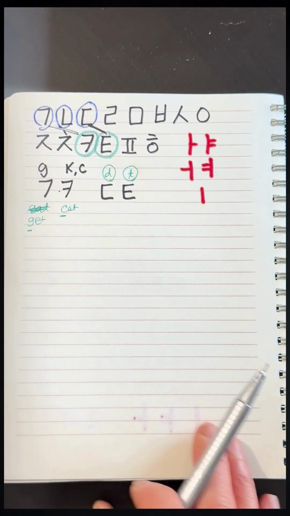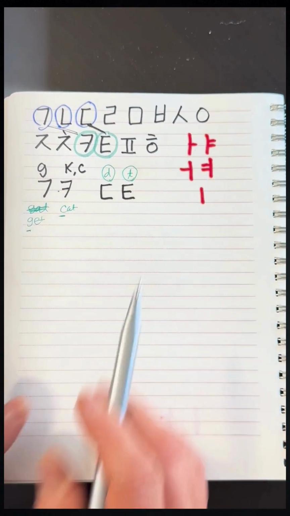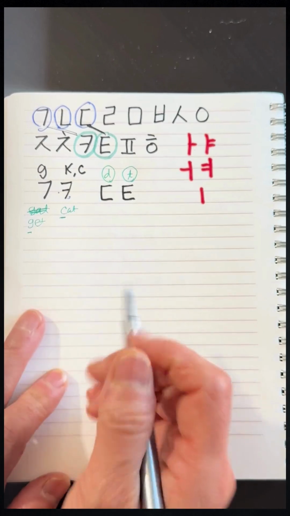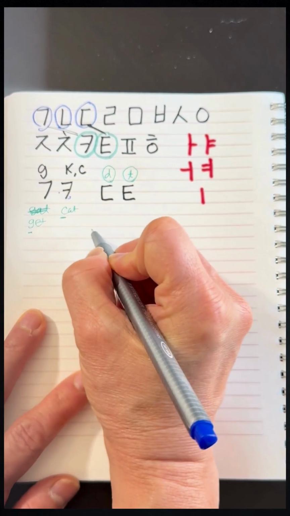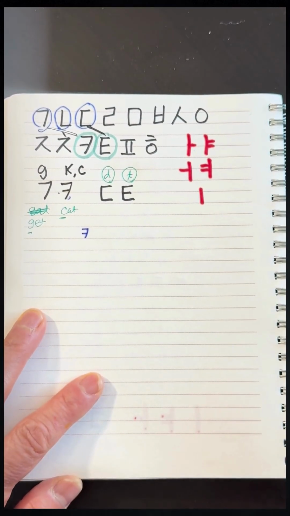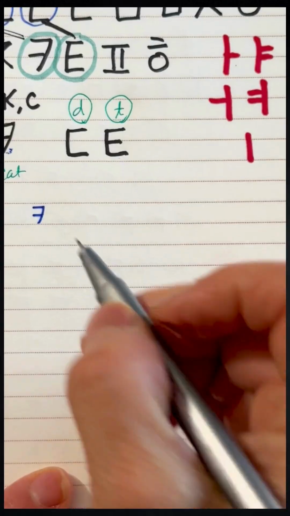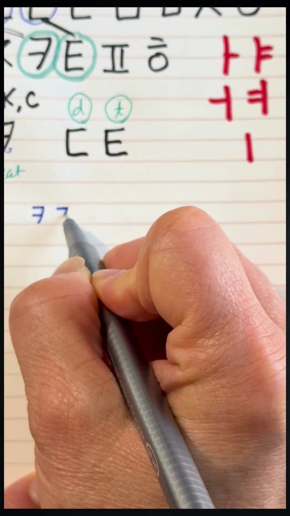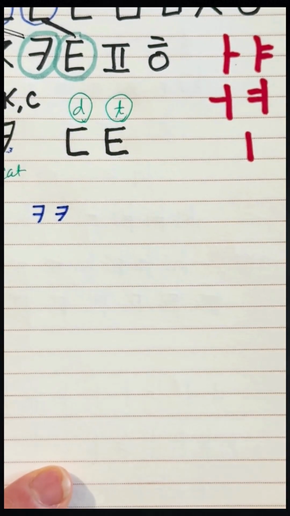So let's write. We're gonna work with the k. Let's write k maybe 10 times. Here we go. K. Oh, let me make it bigger. So you write k first, and then the line. Okay, k.